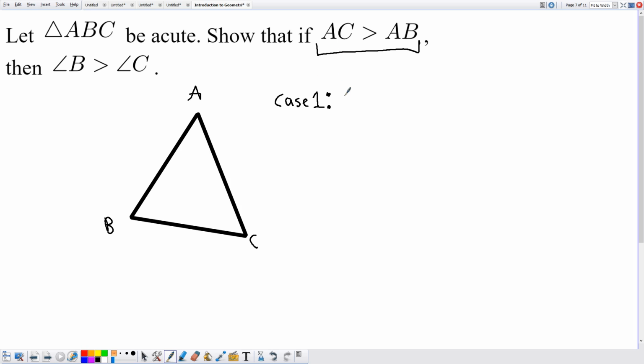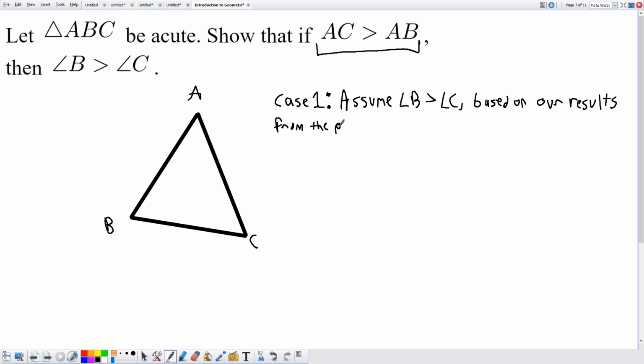Case 1. Assume that angle B is strictly greater than angle C. Based on our results from the previous problem, AC must be greater than AB.